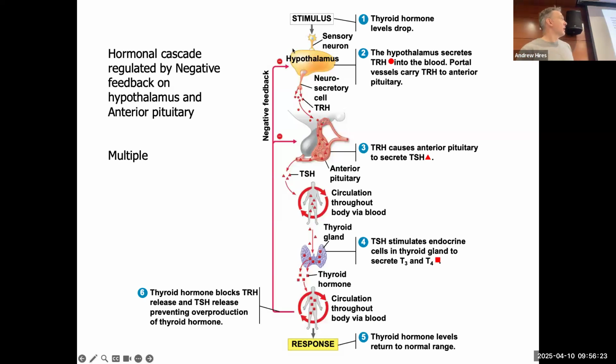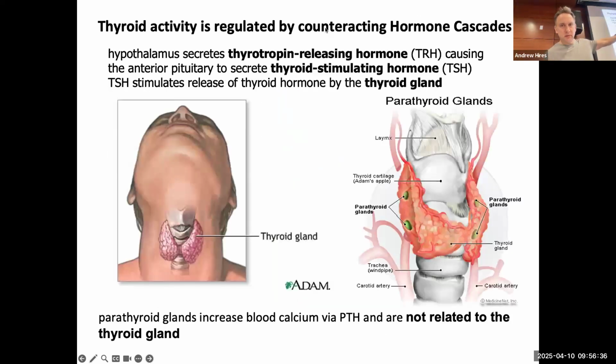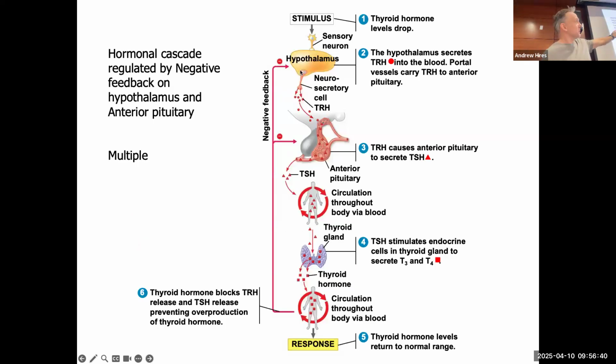Sensory neurons are going to detect that and send electrical signals to the hypothalamus. The hypothalamus is going to release thyrotropin releasing hormone. Thyrotropin releasing hormone is going to target the thyrotropins in our anterior pituitary gland. So this releasing hormone gets released over to the anterior pituitary, which is then going to cause the anterior pituitary to release thyroid stimulating hormone.